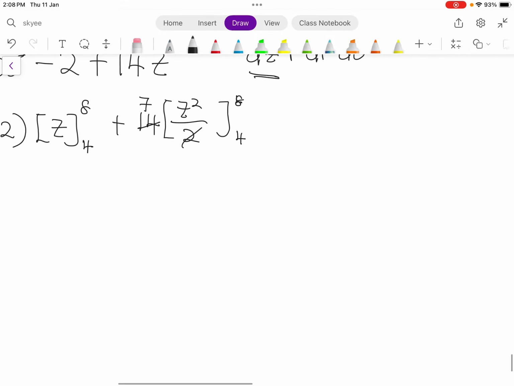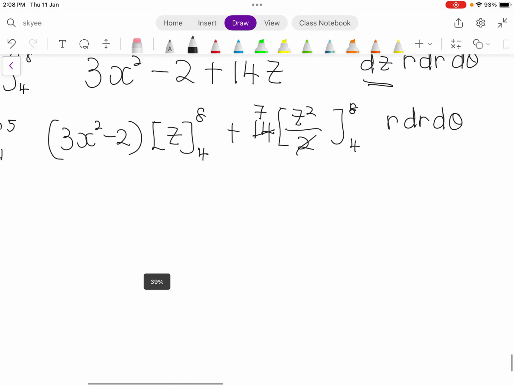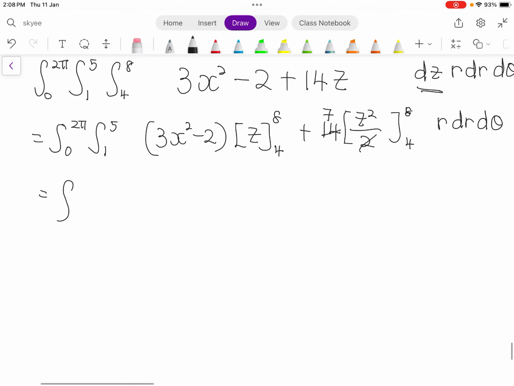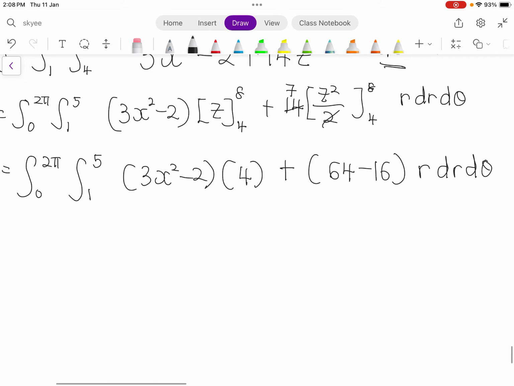So r, dr, and d theta. You have 3x squared minus 2 times 8 minus 4, which will be 4, plus 14 times (64 minus 16) over 2.